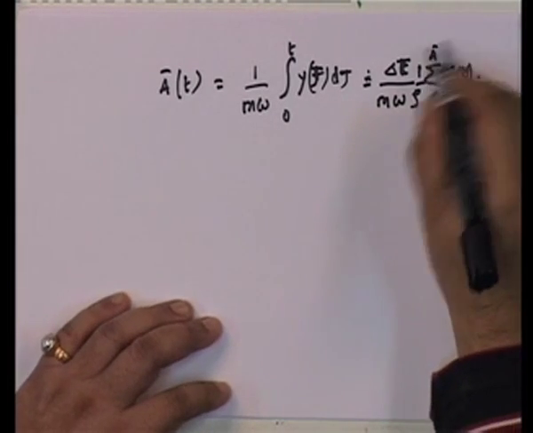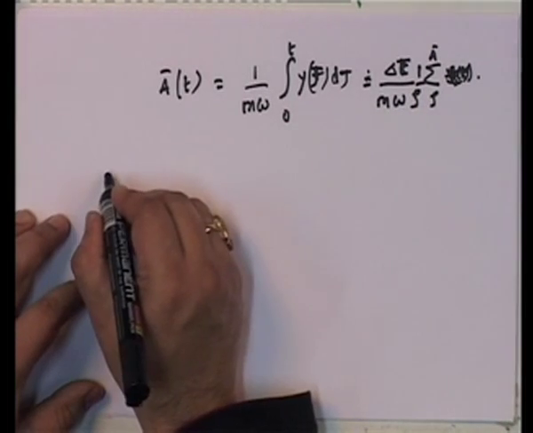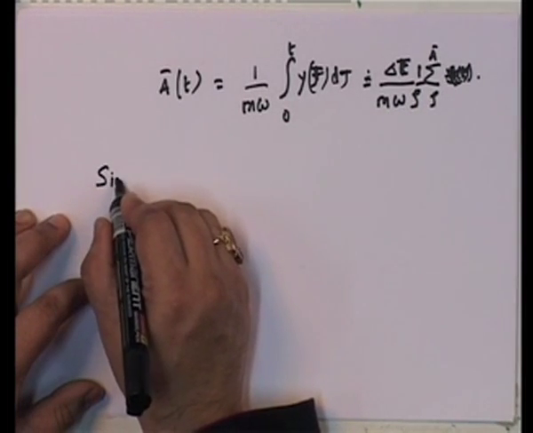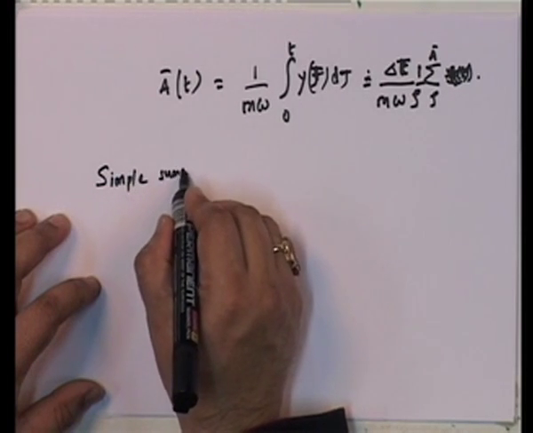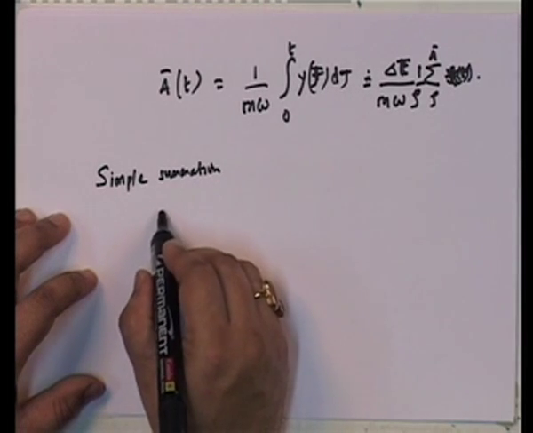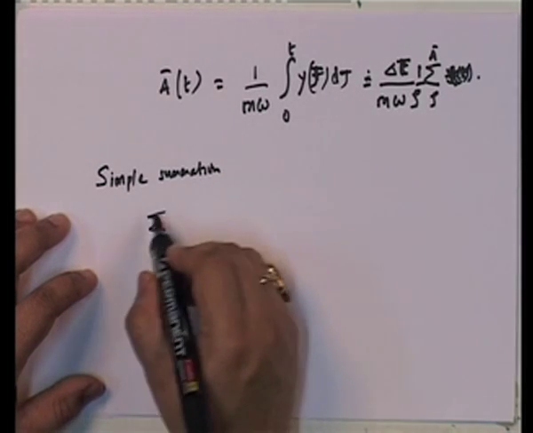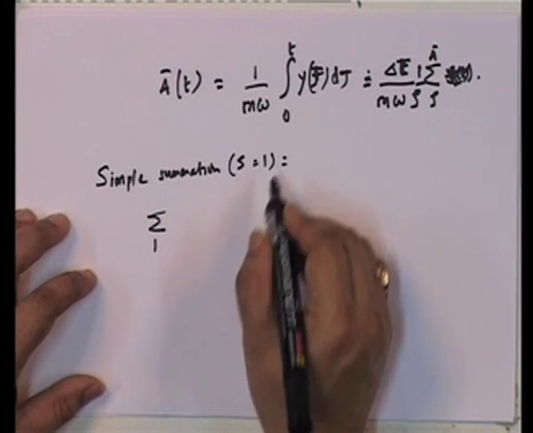Now this is the numerical integration scheme. For example, if I use simple summation, this simple summation is where zeta equals 1.